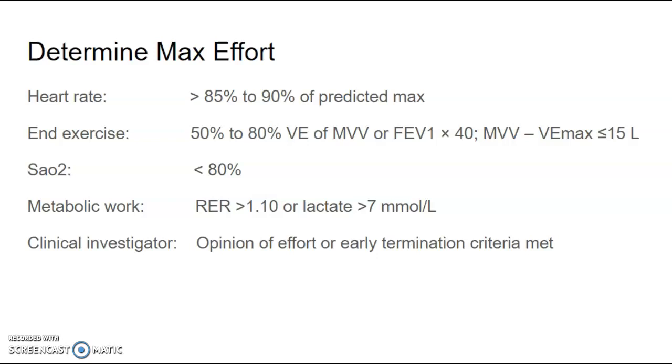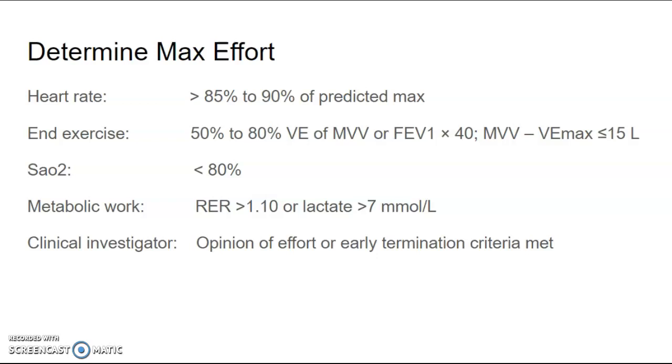Another method is to look at their minute ventilation at the end of exercise. In this method, we're looking for them to reach their ventilatory capacity or their ventilatory ceiling. To do this, we can use either the maximum voluntary ventilation or the FEV1.